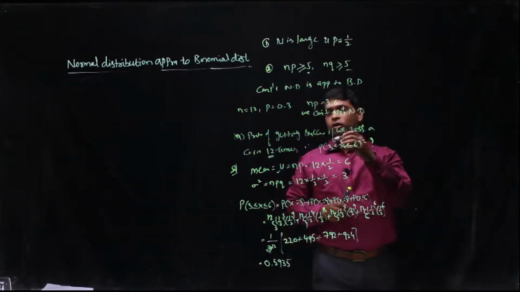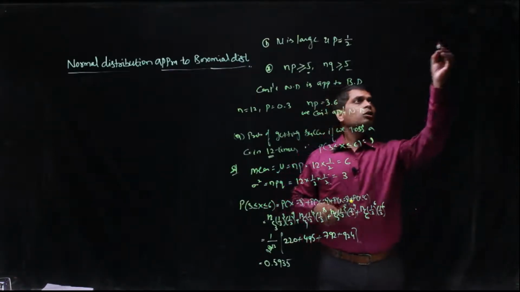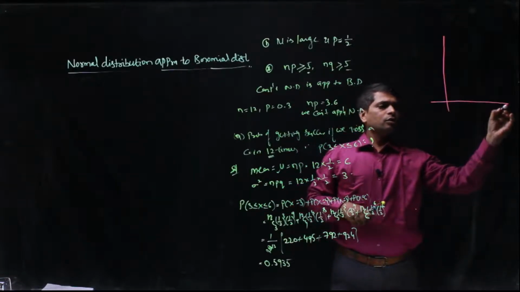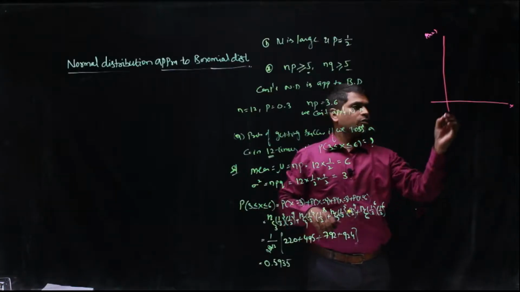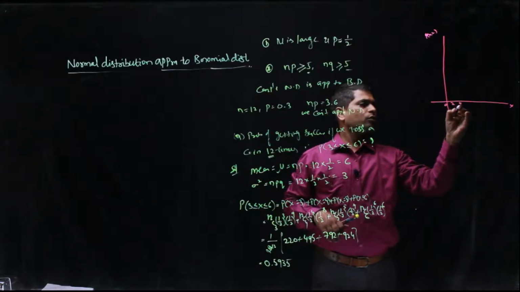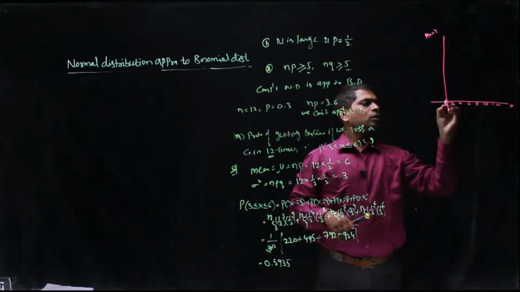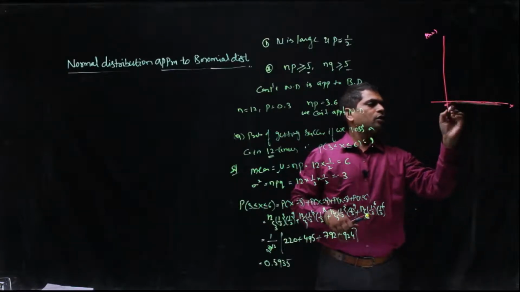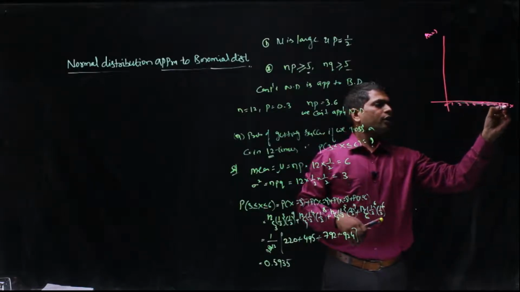If I want to solve this problem using the normal distribution, first I write the binomial probability distribution here. I take x and p of x, and the mean I got is 6. I will take 0, 2, 4, 6, 8, 10, 12, or to understand clearly, 0, 1, 2, 3, 4, 5, 6, 7, 8, 9, 10 in this way.